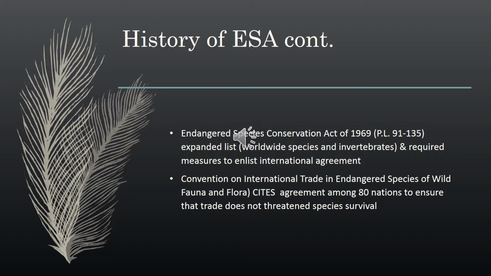And following this, there was the Convention on International Trade in Endangered Species of Wild Fauna and Flora, the CITES Agreement, which was amongst 80 nations to ensure that trade did not threaten species survival.